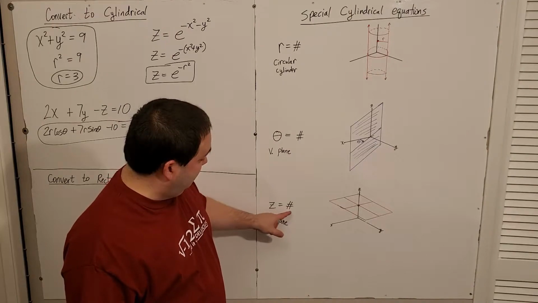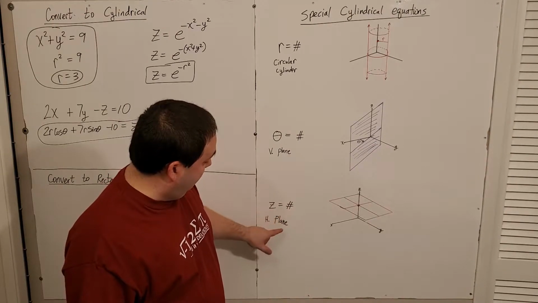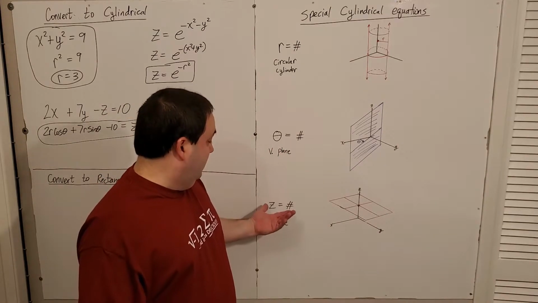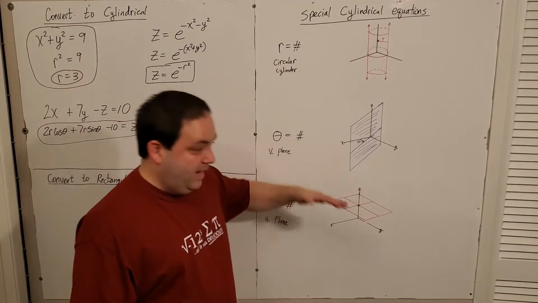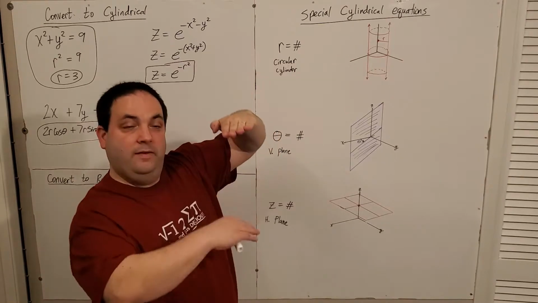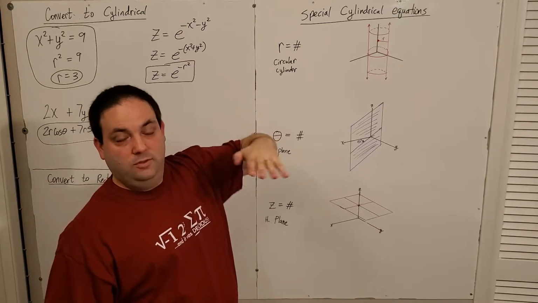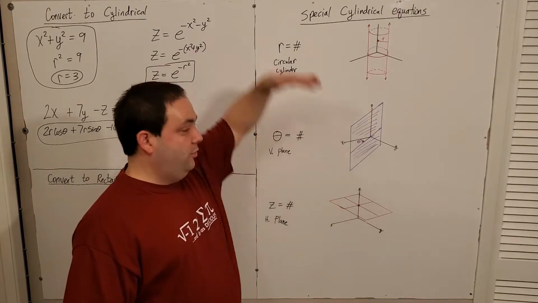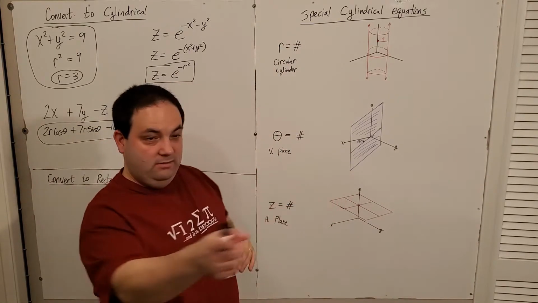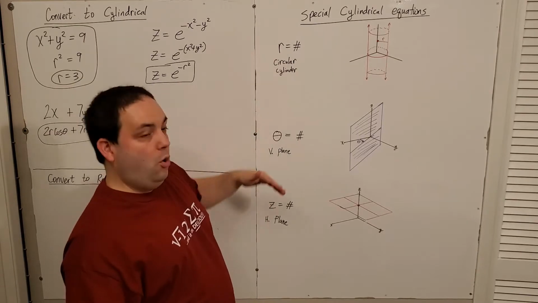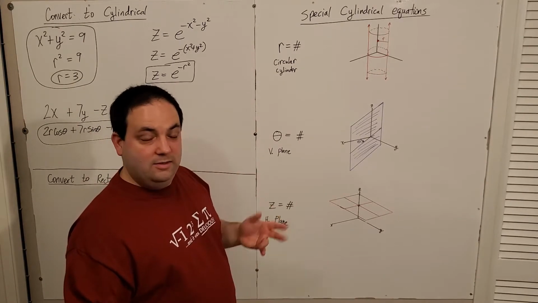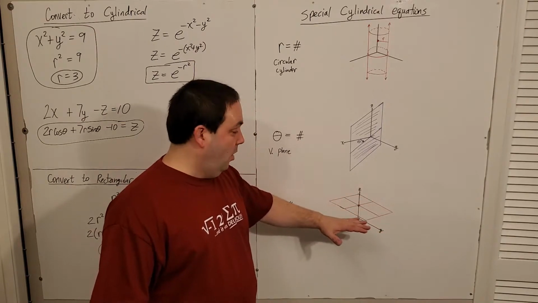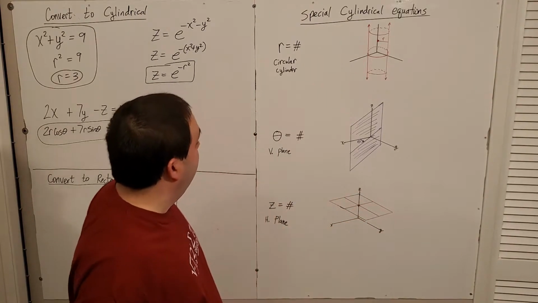So notice in cylindrical, the z equals a number is exactly the same as it would be in rectangular, right? Because if z equals a number, you're basically just at that height above the xy plane, no matter what coordinate system you're in. The only difference would be once you're at that z height, how would it get to the other points? By using r and theta instead of x and y is really the only difference. But they're all still there though. It's still all the same points in the plane.